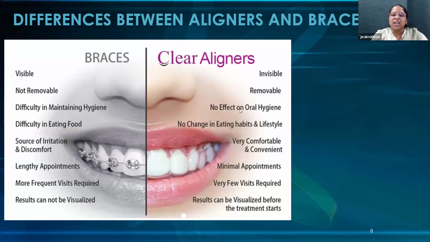Since aligners are removable, they give an option to maintain hygiene. The patient can remove them, brush, floss properly, and wear them back again. Some of you may ask, yes, aligners also get stained after some days, and aligners also give malodor. Yes, there also the patient has to maintain the aligners properly and wash them.